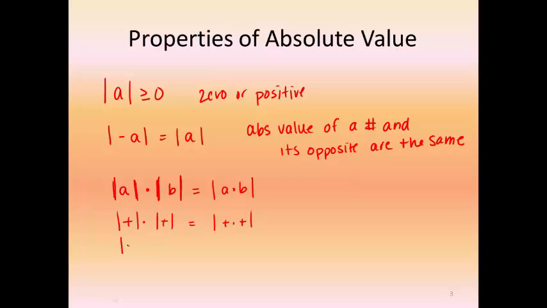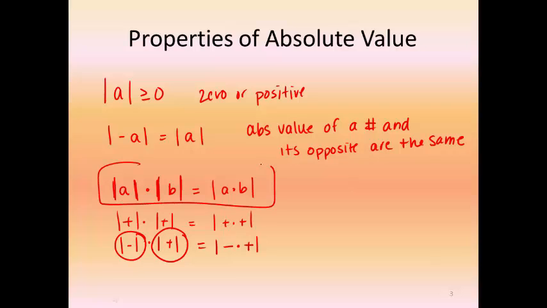If I have the absolute value of a negative times the absolute value of a positive, this is going to become a positive number. This is already a positive number. So would it matter if I multiply a negative times a positive and then take the absolute value? No, of course it will not. So we can say that the absolute value of A and the absolute value of B, if we multiply them, is the same as just taking the product and then the absolute value. So in this case, that grouping of the absolute value does not affect anything.